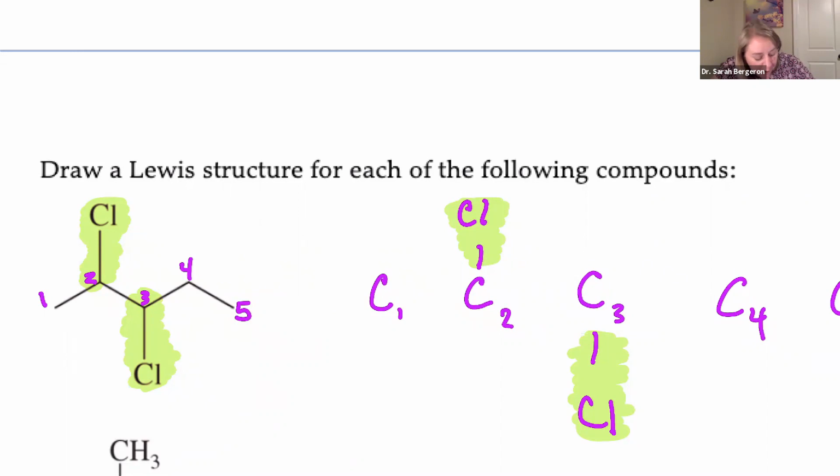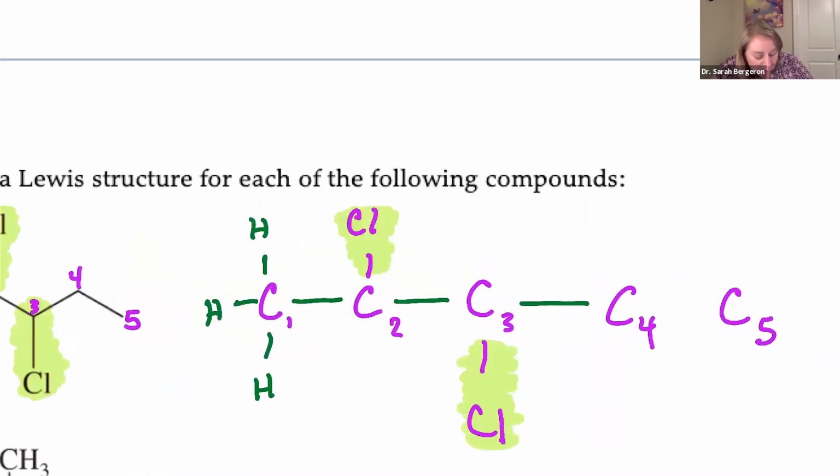Now I can put in enough hydrogens to complete my octet. So how do I know I only need 3 hydrogens on the end? Well, these 2 carbons have a single bond between them. Same thing with carbon 2 to 3, 3 to 4, and 4 to 5. So when you're putting your hydrogens in, make sure that you don't give them too many hydrogens and you give them all the bonds they need to the other carbons.